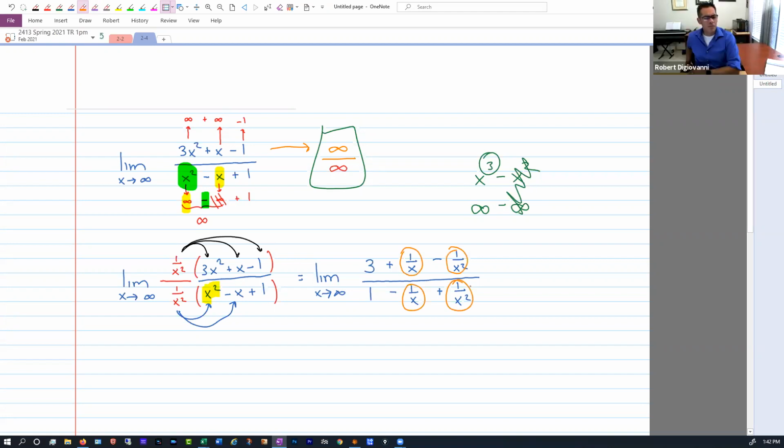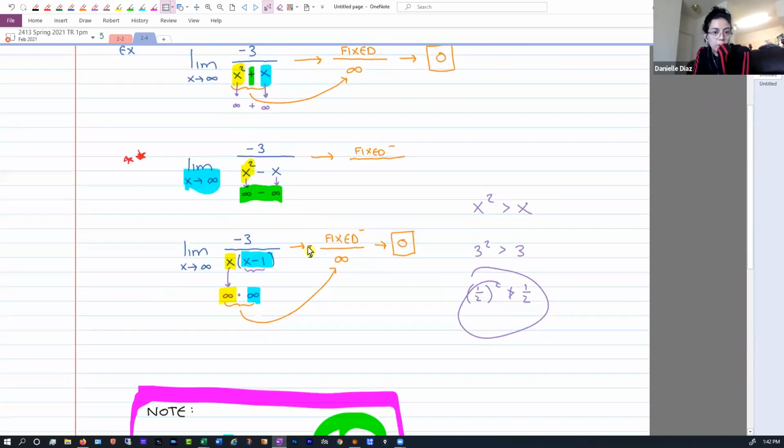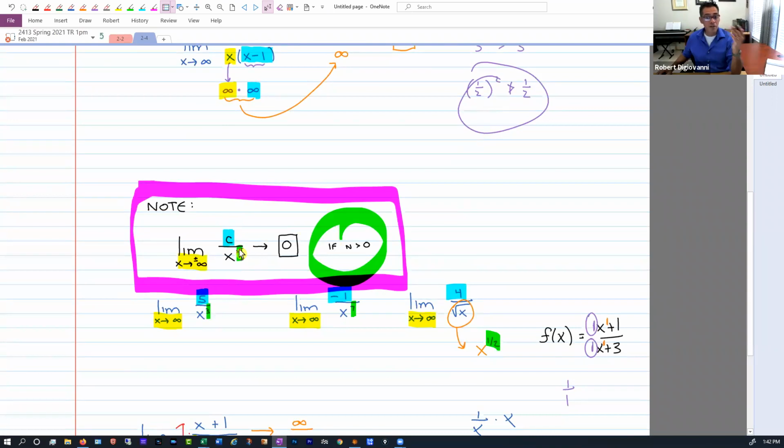How do you mean? Added? I mean multiplied? I don't remember. X is going to infinity, right? Each one of these is a fixed number over something going to infinity. Fixed over infinity, fixed over infinity, fixed over infinity. All of those will go to 0? Oh, wow. 0.